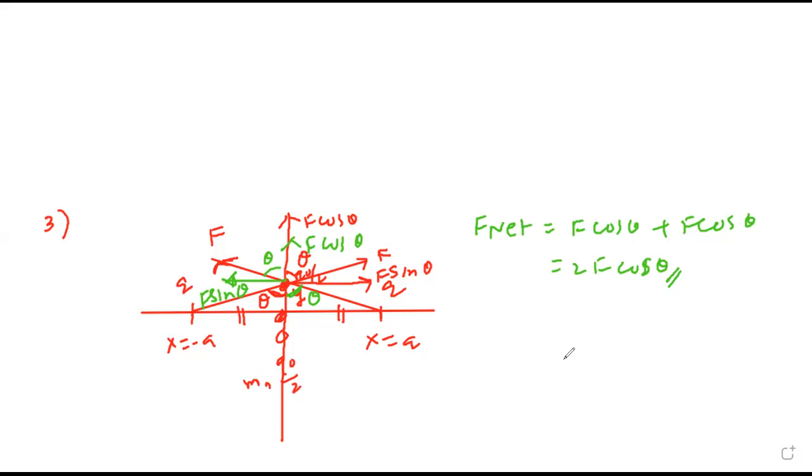Now force between two charges is 1 upon 4 pi epsilon, charge q into q naught by r square. How much is q naught given?